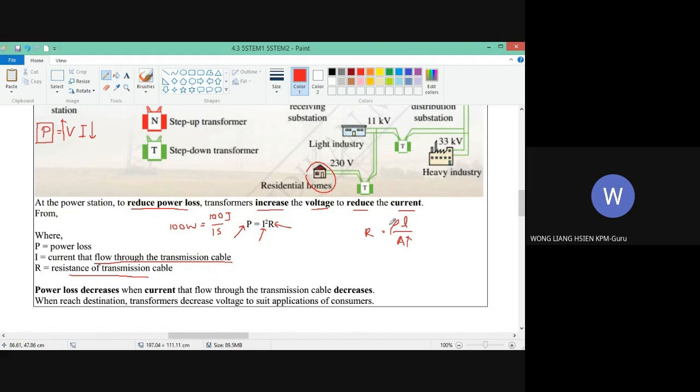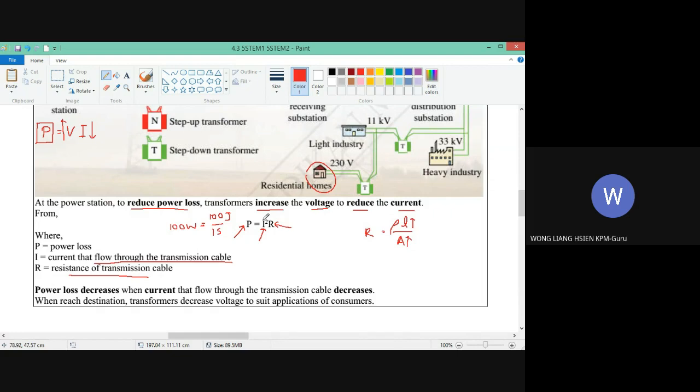So these are the two things that we can do. But because of the very long distance, the cable becomes very long, so the resistance also will become very high. Understand or not? So the resistance of the cable we already minimize as much as possible, but still the resistance is quite big.